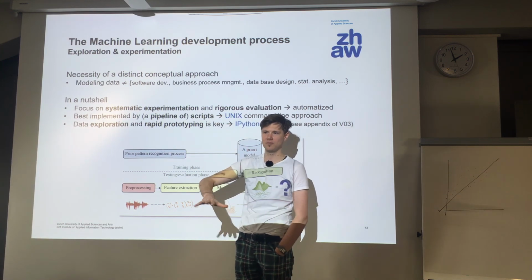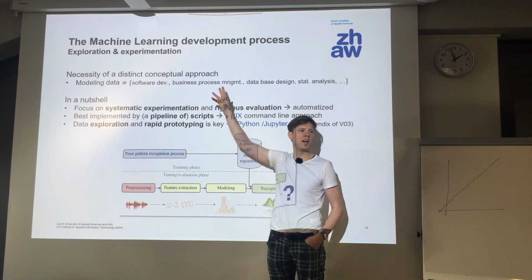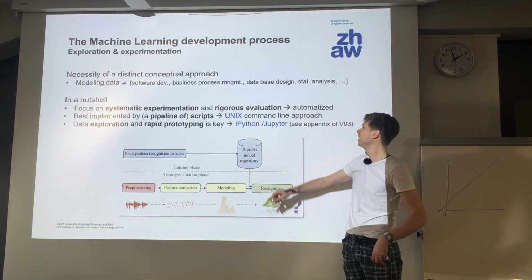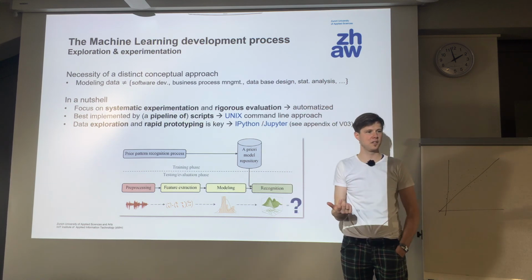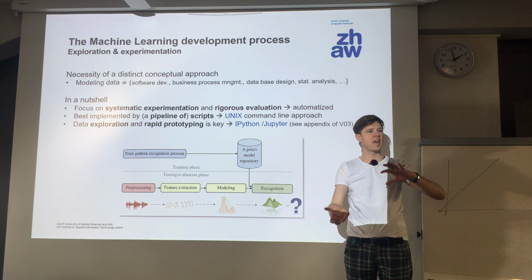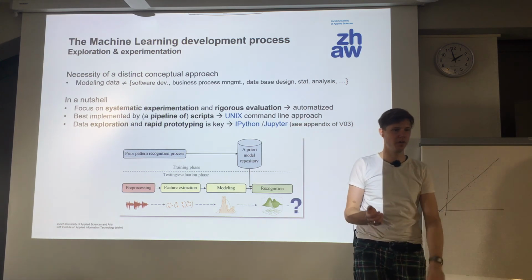You don't need it in modeling data. You also cannot do it with the same mindset you try to model business processes. It's a different thing. You cannot do it with the approach you use for database design or for statistical analysis. Doing machine learning is somehow a little bit different. Of course, it still has lots of overlap with all of them, but it's something different.